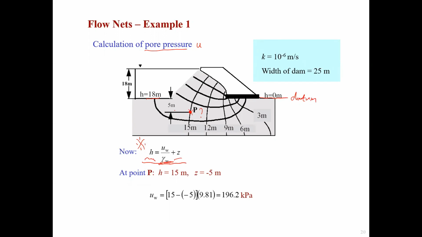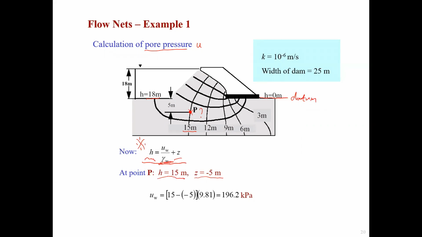Obviously this point P is 5 meters below the datum, so z will be negative 5 meters. And because this P falls on this equipotential line, we know the total height will be 15 meters. So H is 15 meters, z is negative 5 meters.